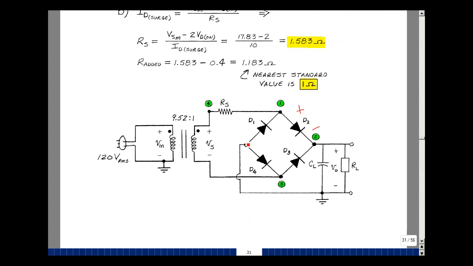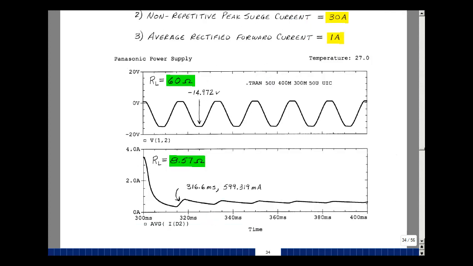This node voltage here, if this is forward biased, this is going to be VD on. Here back to ground, something close to 1 volt. This would be minus 1 volt, and then minus this node, which was 14.1165 volts. Let's go back to page 34. The minus 14.1 volts, and I've got the drop across the diode.